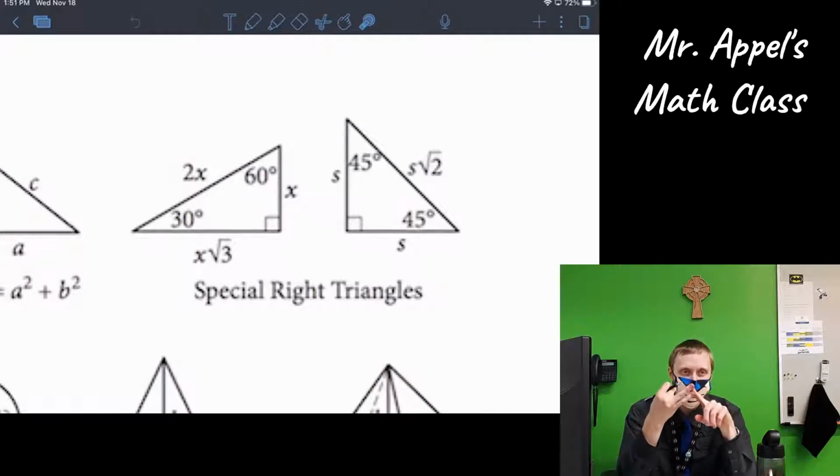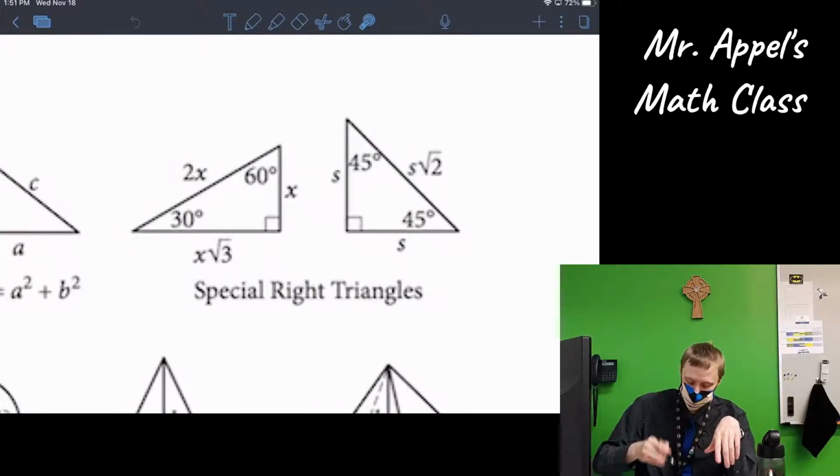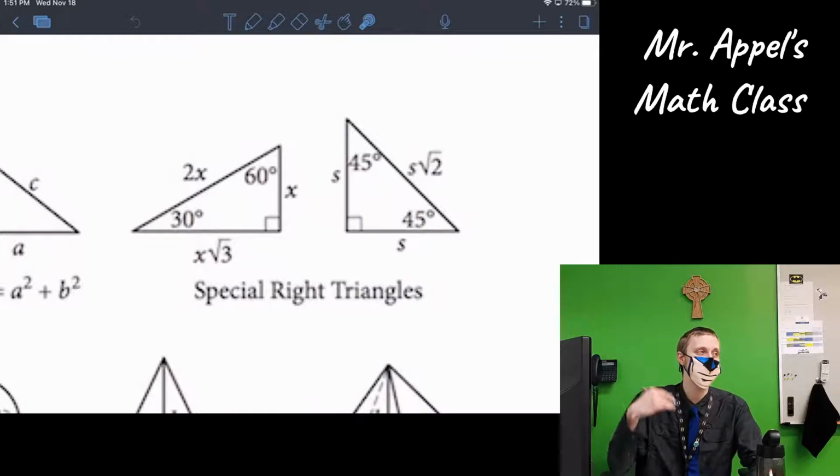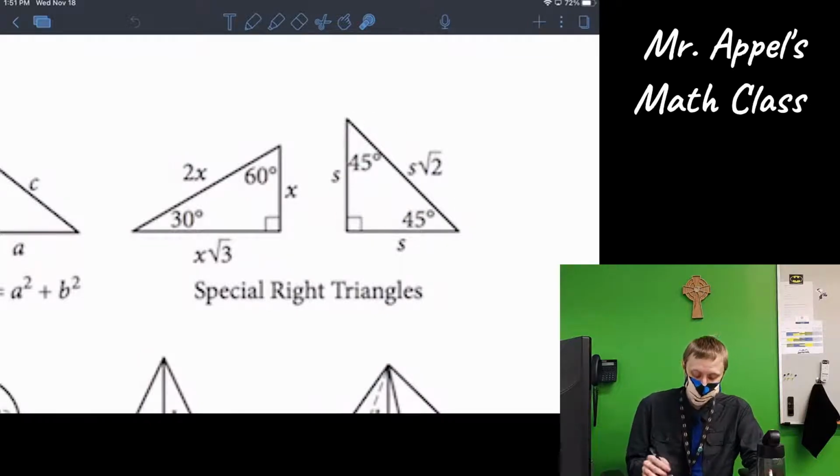You won't have to calculate the Pythagorean theorem. You can just look it up and say, oh yeah, special right triangle, what's the relationship? Here, there, done. And then even faster than that, if you can recognize special right triangle and memorize the relationship, you don't even have to look it up.